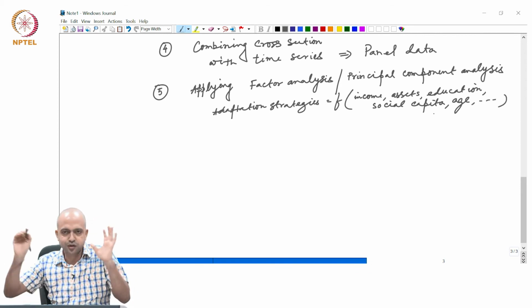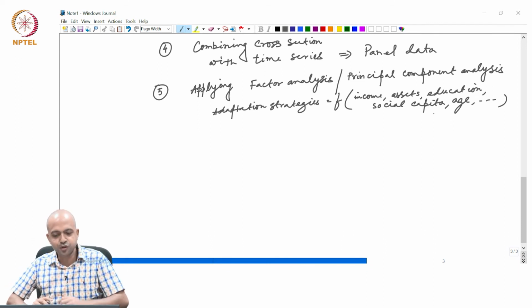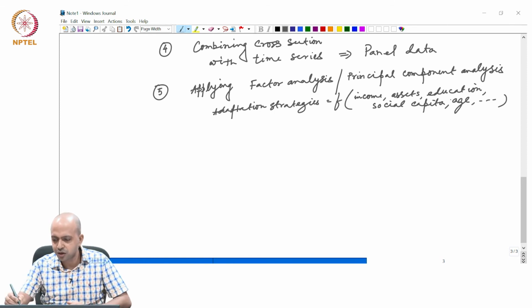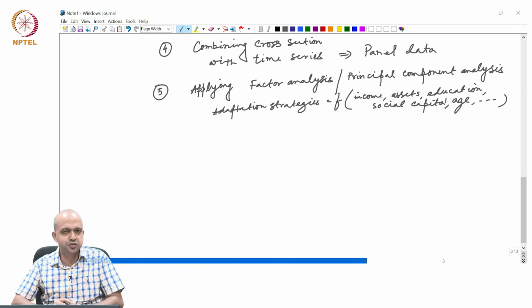There would be many factors that determine the ways people adapt to climate change adaptation strategies. Now, these independent variables, income, asset, education, social capital, so many of these variables, they show intercorrelation.